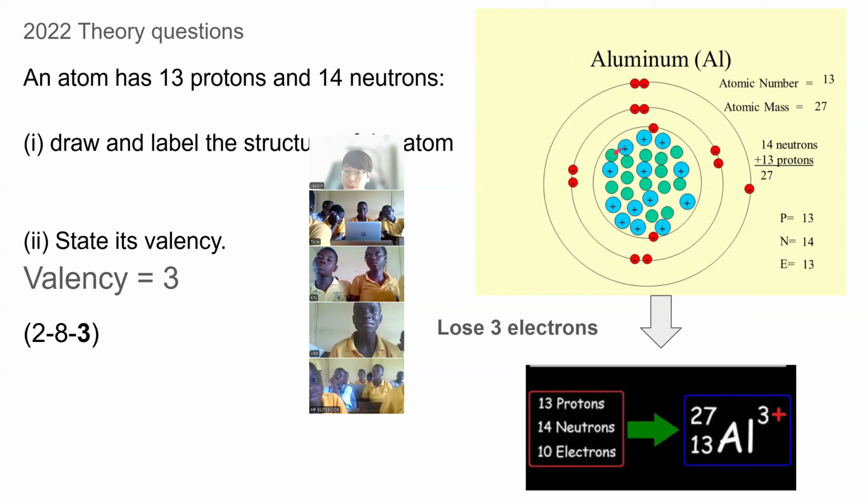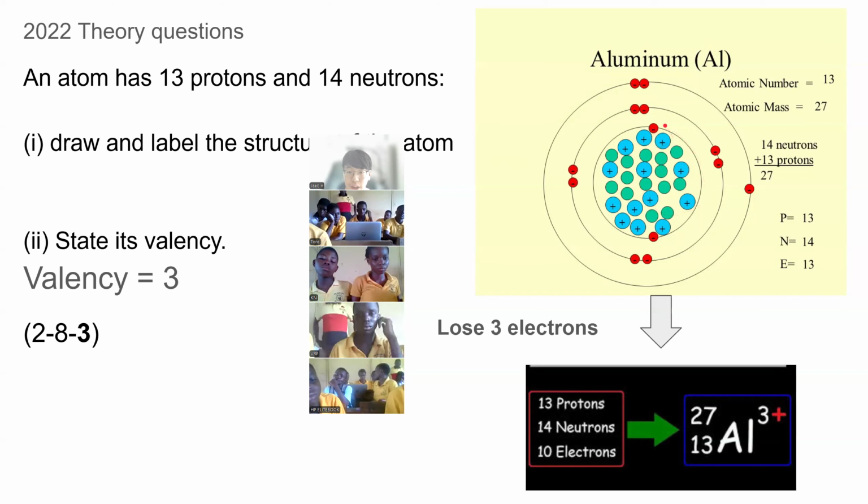So what you can do is just draw 13 circles and maybe put a positive sign in them to mark the protons. You also need to draw 14 in the center as well, marking the neutrons. You don't need to put any charges because a neutron is neutral, it does not have any charge.